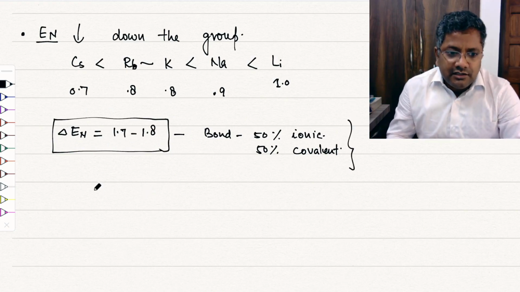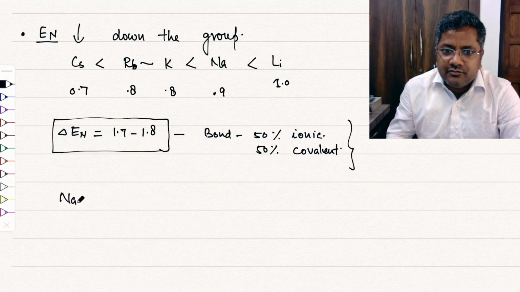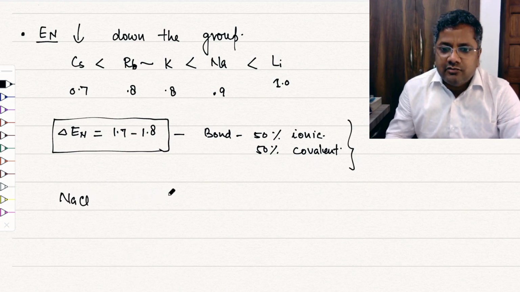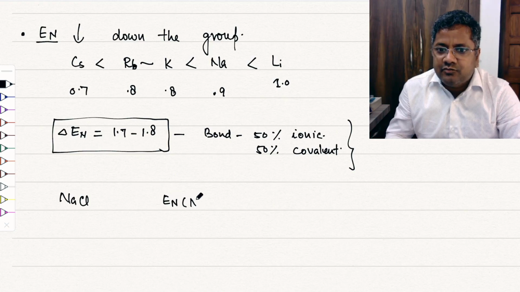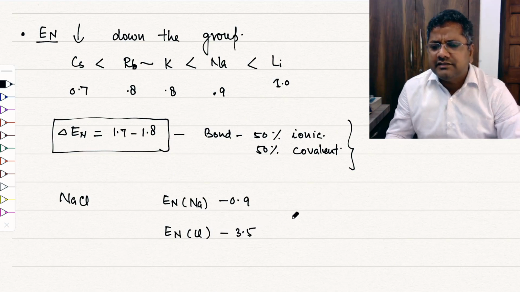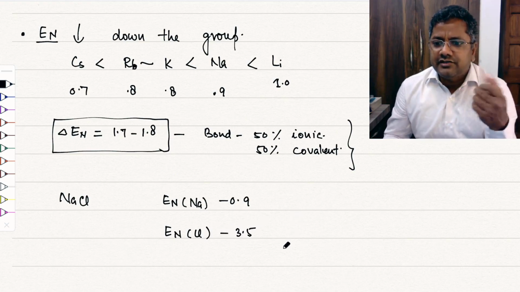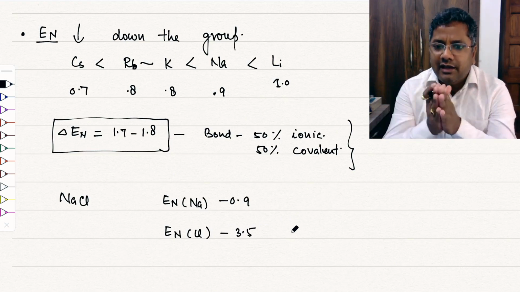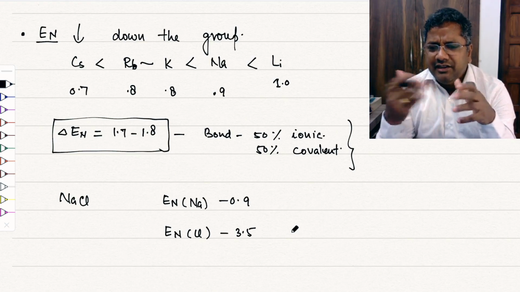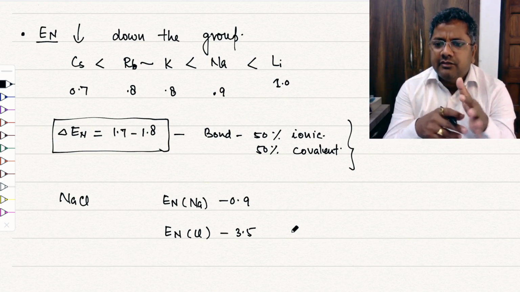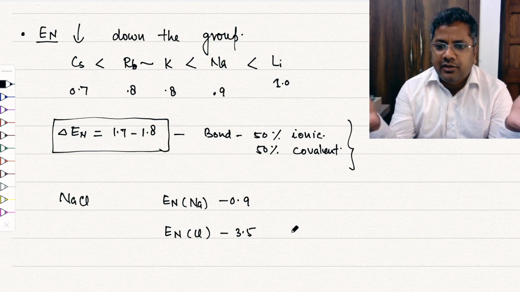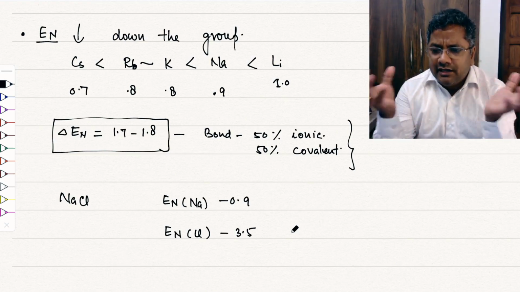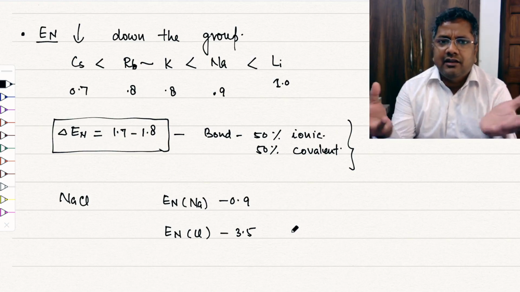Suppose you have sodium chloride. The electronegativity of sodium is 0.9, and the electronegativity of chlorine is 3.5. I'm not telling you that you should always remember these things, but you should have these values in your mind, because many times in organic and inorganic chemistry you have chlorine, bromine, fluorine, sodium, so it will automatically be memorized.